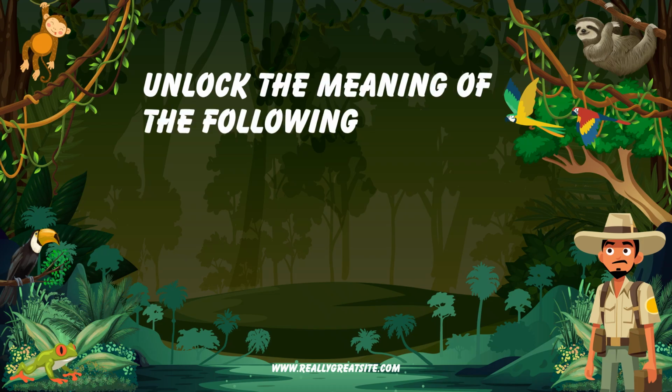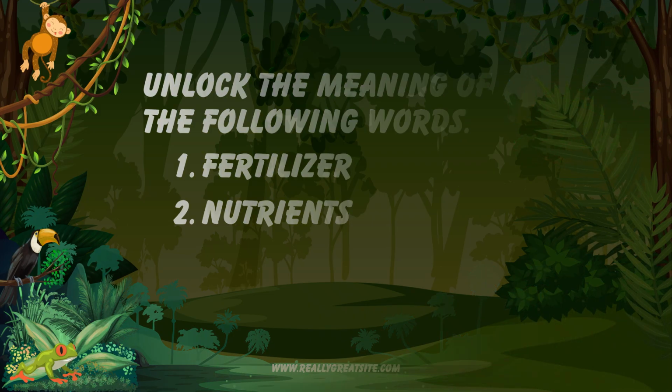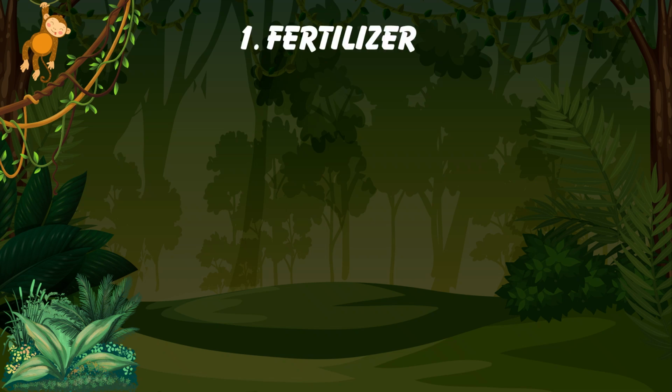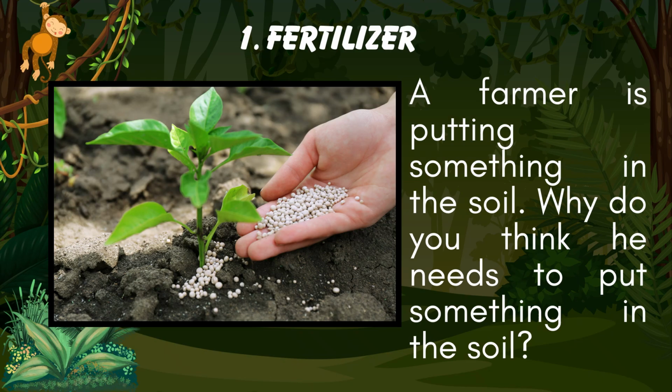Let's unlock the meaning of the following words. We have here fertilizer and nutrients. One, fertilizer. A farmer is putting something in the soil.